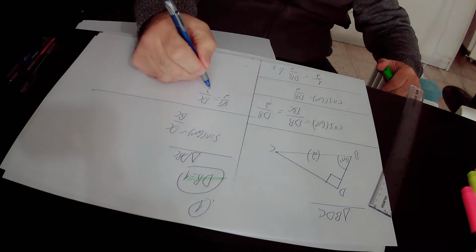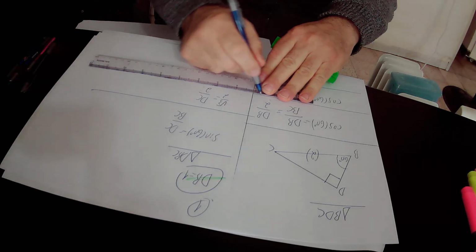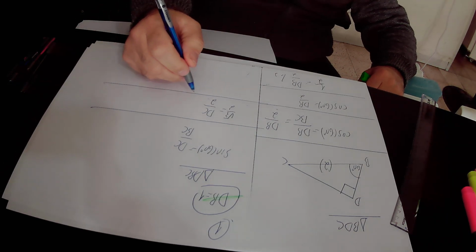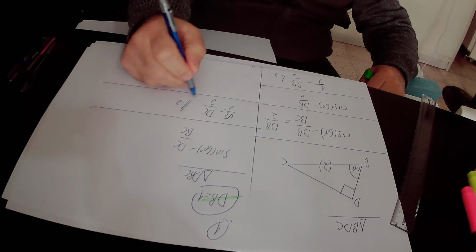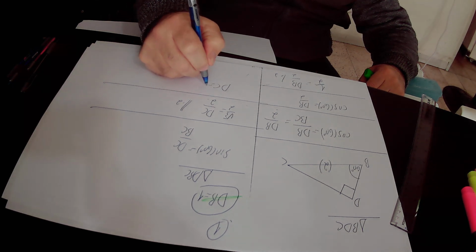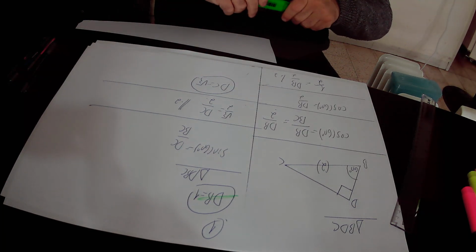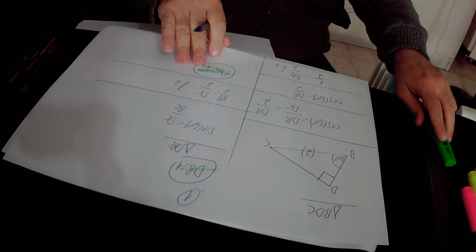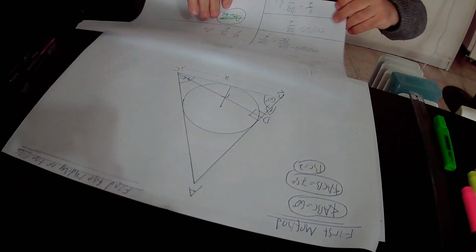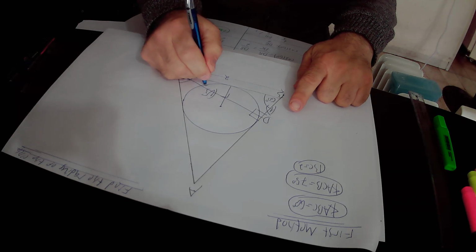BC is 2. So in conclusion, we found that square root of 3 over 2 equals DC over 2. We will multiply this equation by 2 and finally we get that DC equals the square root of 3 units in its length. Line segment DC equals the square root of 3 units in its length.